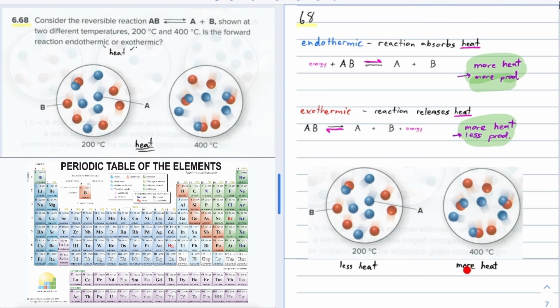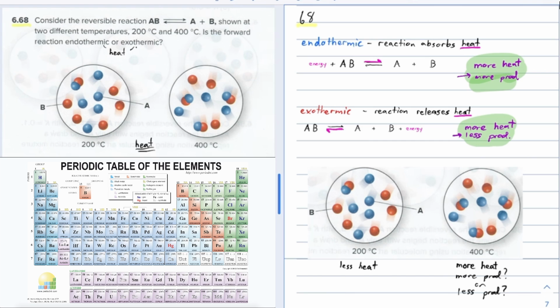So let's look at this one down here. Is there more product over here or less product? Let's see which one of these is the case. Okay, let's just count the product material.